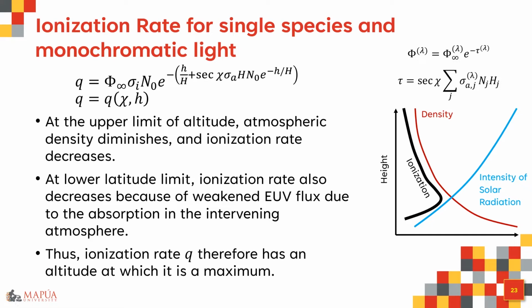This ionization rate depends on the zenith angle of the sun, so it will depend on the time of day as well as the height, because the height determines the density for a specific species.